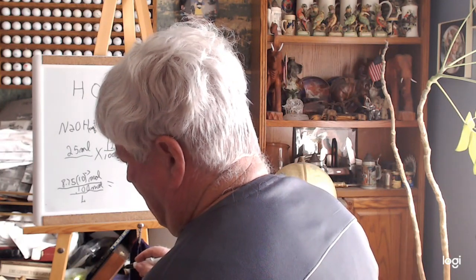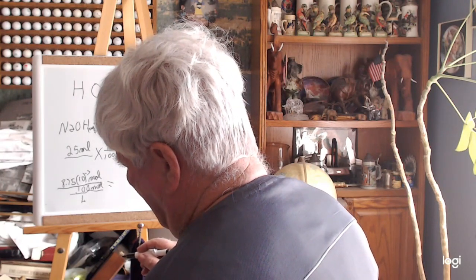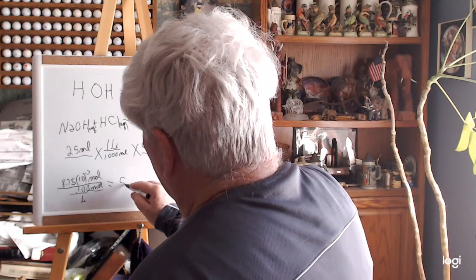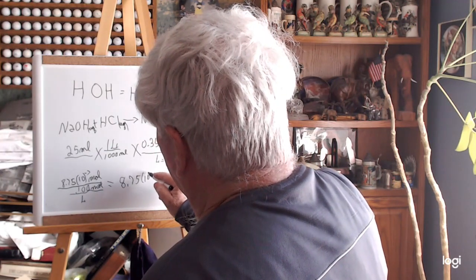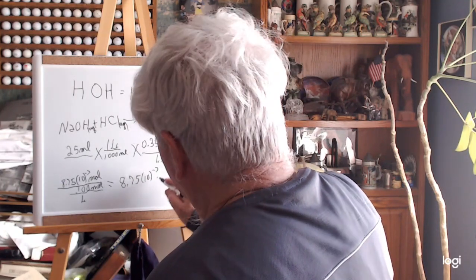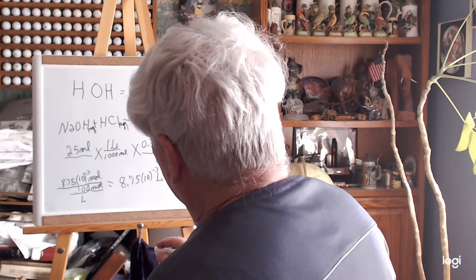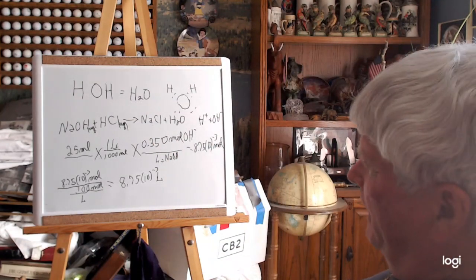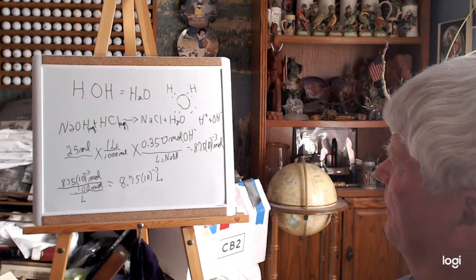It comes out to 8.75 times 10 to the minus third liters of acid. Or for all you sticklers, you can change that to milliliters by multiplying by 1,000. And that's our acid-base neutralization problem.